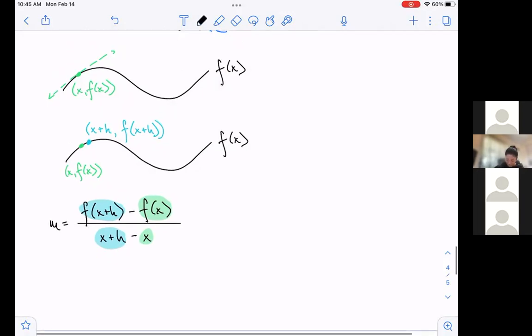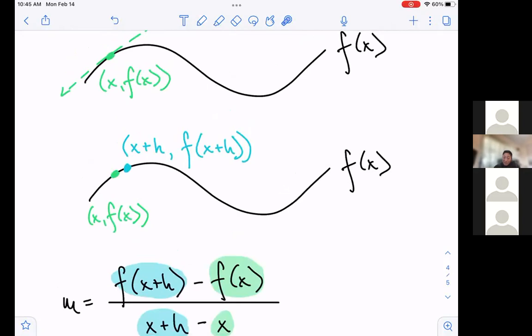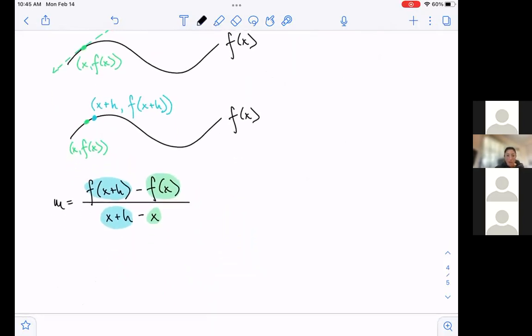Okay. Exactly. All right. Now, wouldn't it be great if this green point and this blue point were super close together? If they were super, super close together, they would almost be like the same point. So why did we start off with 2 weeks talking about limits? Here's why.